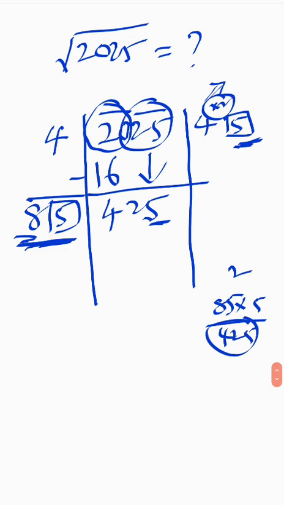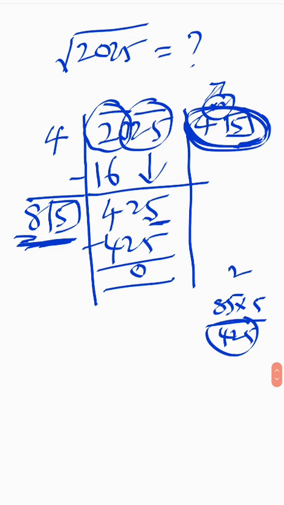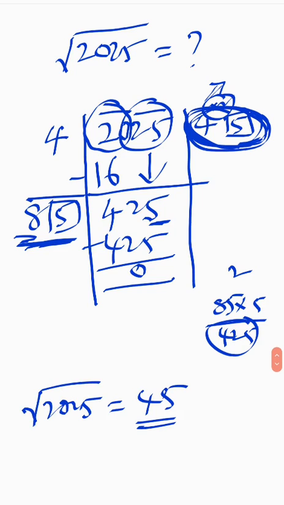So 5 into 85 equals 425. Subtracting, you get 0 as the remainder. The quotient we are getting, 45, is the square root of the given number. Square root of 2025 is 45. This is the division method.